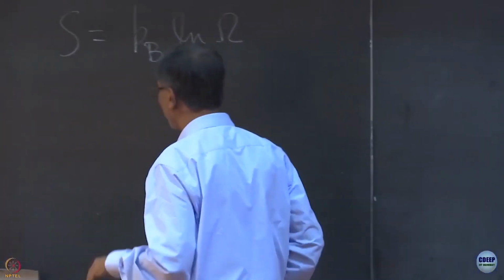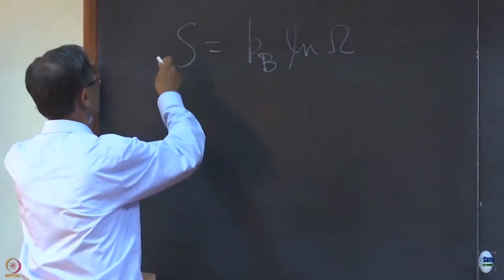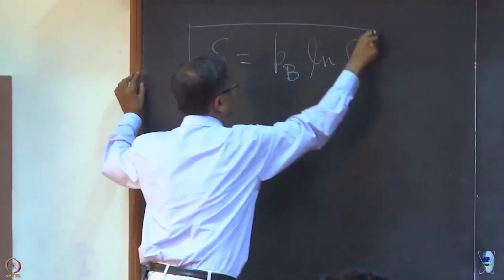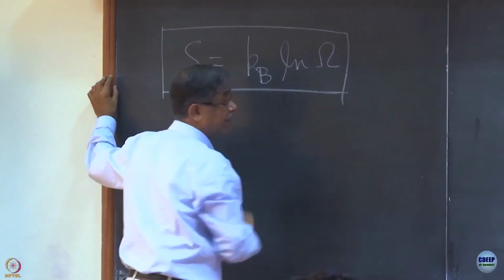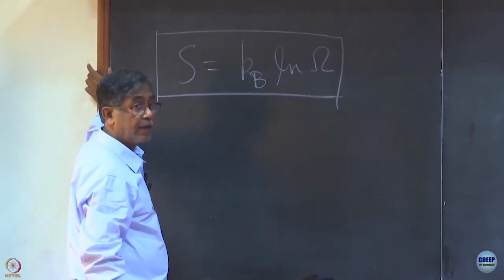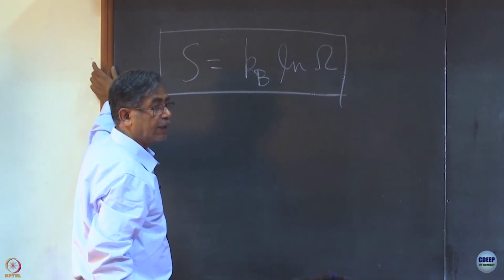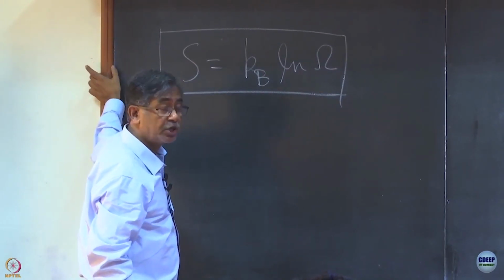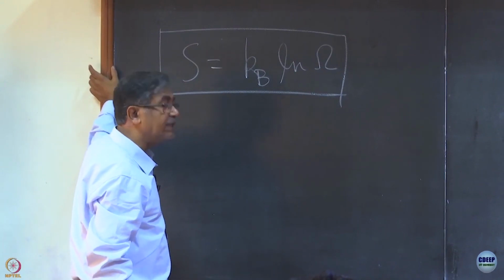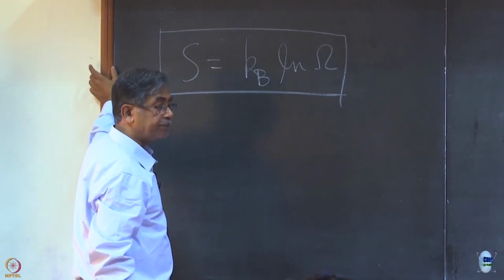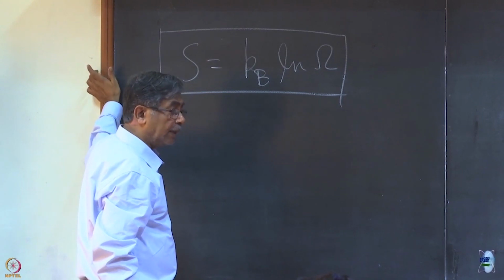Now, coming back, what we did yesterday was that I said the most important relation in the entire statistical mechanics is this relation. As I said, this was derived as a function which gives a measure of the state of the system by Boltzmann.